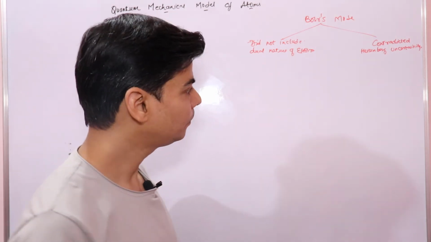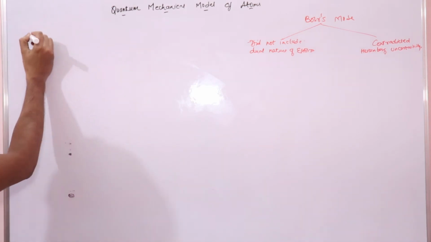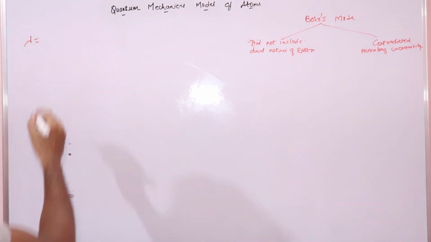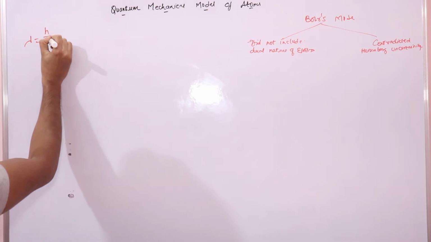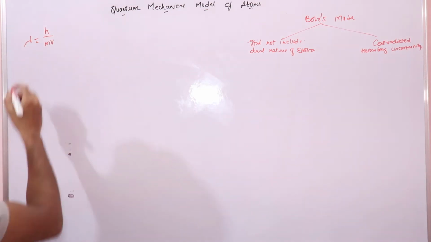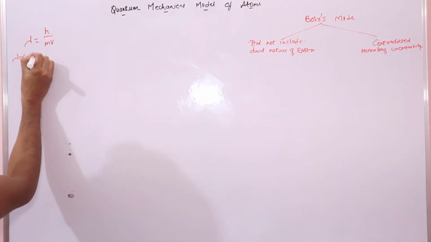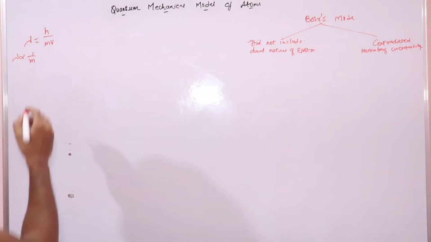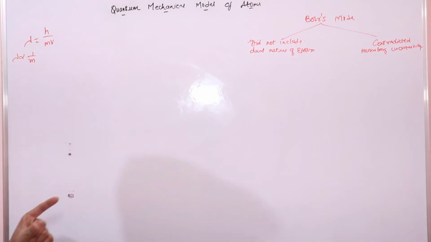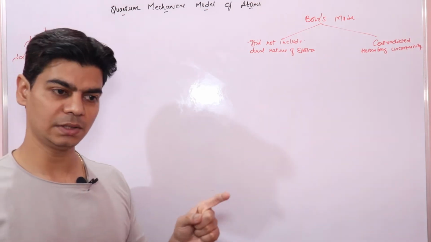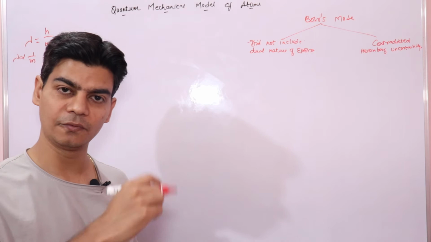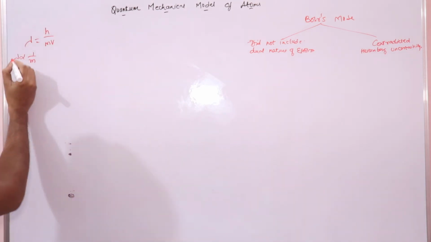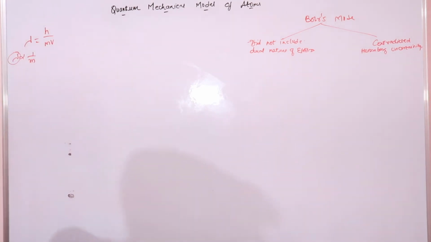Because of the de Broglie relation, lambda equals h upon mv, where mv is momentum, and wavelength is inversely related to mass. For microscopic particles, the value of m is extremely small, so their wavelength is quite significant. So their wave nature is significant due to the high value of wavelength lambda.